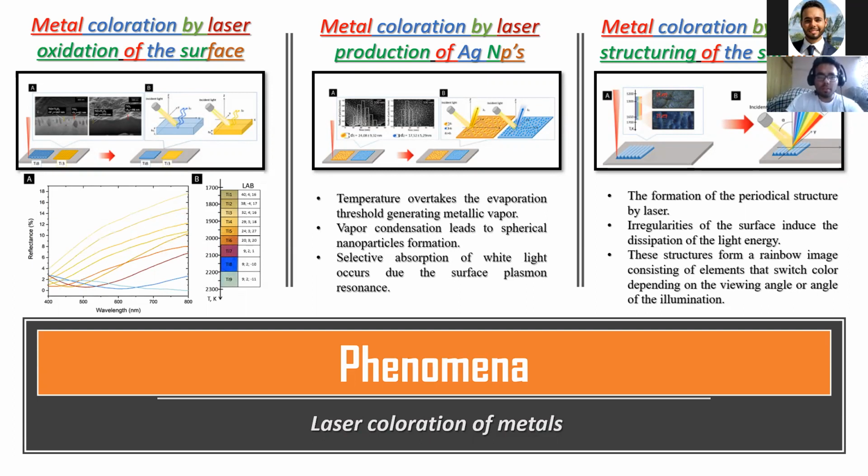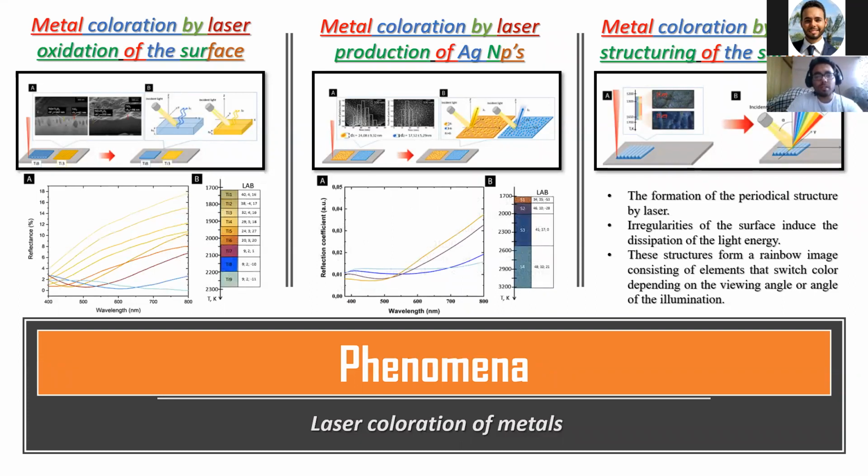Due to the surface plasmon resonance of produced nanoparticles, a selective absorption of white light occurs, and the reflected wavelengths result in a desired color formation. In this case, the visible color depends on the size, shape, and the distribution of the produced nanoparticles.